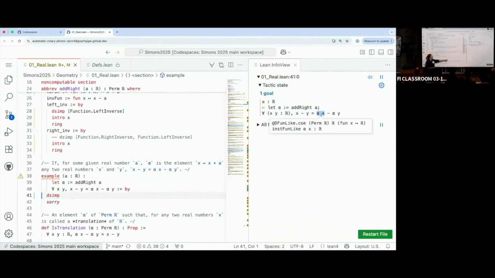There's some implicit coercion given that alpha is a function-like object. And although it's not showing up until you dig into the details in this way, under the hood it's seeing that this element of the permutation group of R can be considered as a function from the reals to the reals. So there's something being hidden from you there. Good observation. Other questions about the statement here?